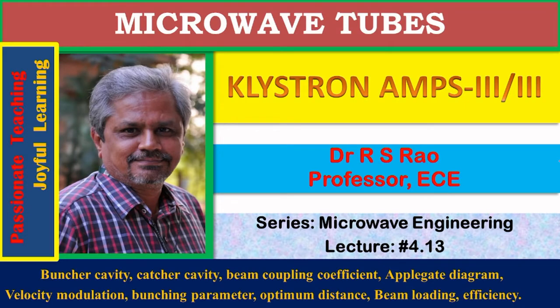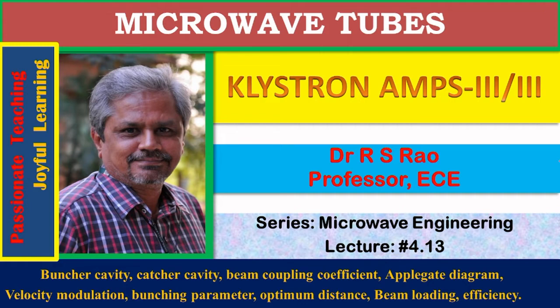Microwave tubes, Klystron amplifiers, third and last part, series on microwave engineering, lecture number 4.13. Klystron amplifiers are microwave amplifiers. They are associated with a certain amount of gain, voltage gain.